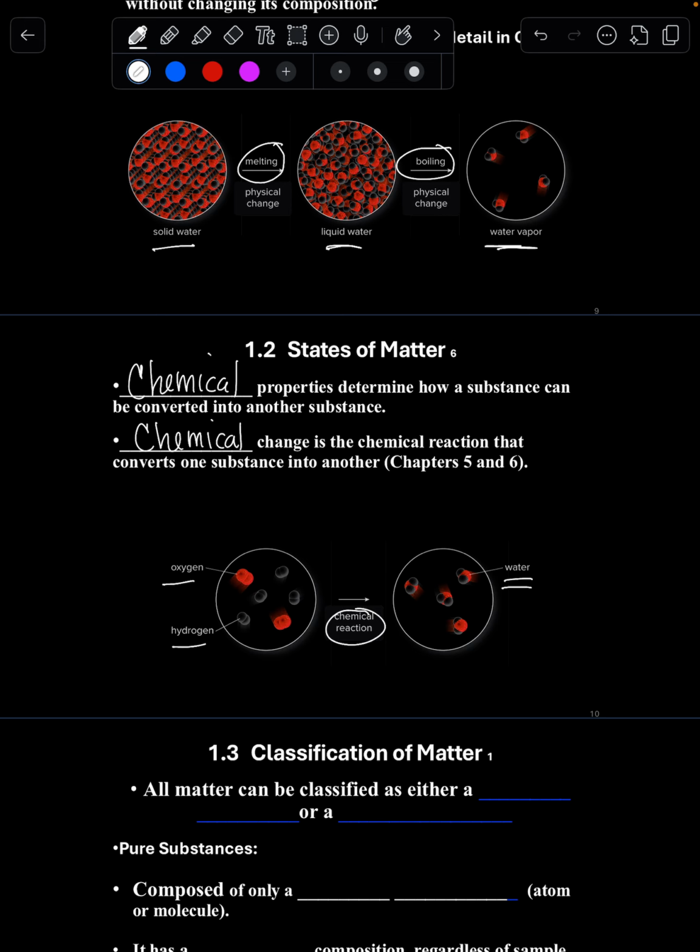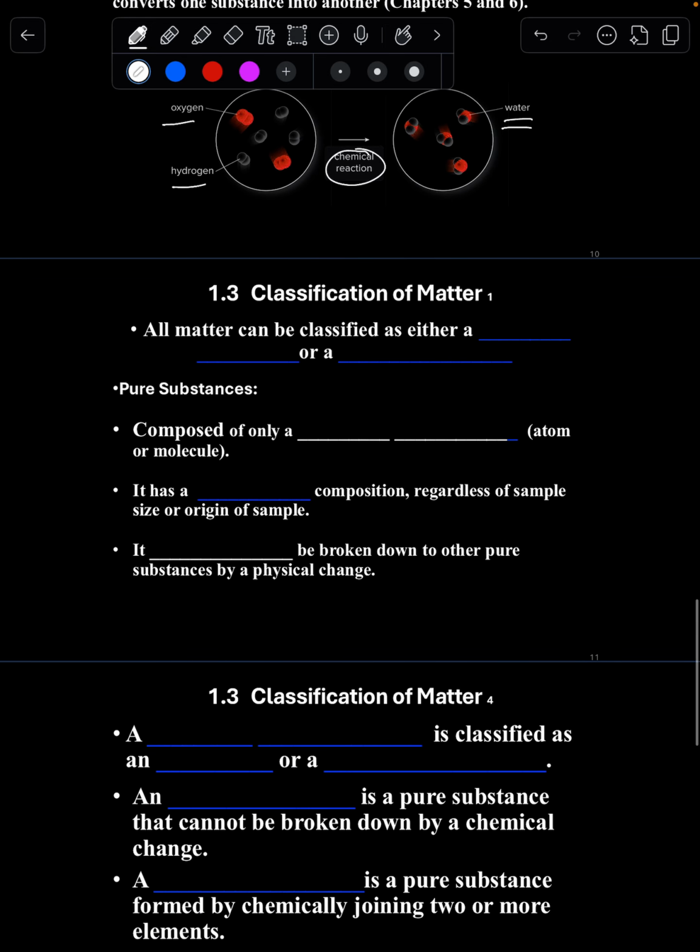All right, in the next section we want to talk about how we can classify matter. All matter can be classified as either a pure substance or a mixture. These are two very broad categories for matter. First of all, a pure substance.